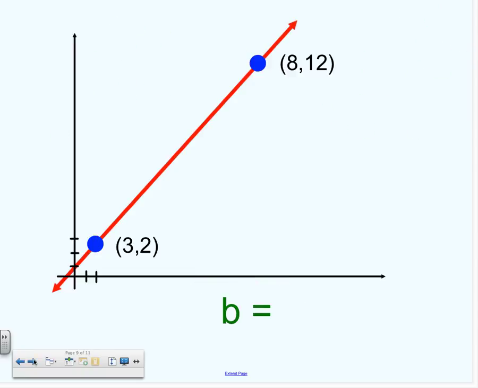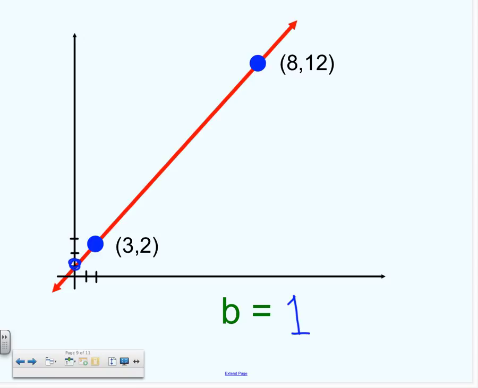Now, how do we find the y-intercept? Well, the y-intercept can be very simple. If you have a graph, you can see where this line crosses the y-axis. And as you can see, it crosses right here. So we can find the y-intercept that way. The b represents the y-intercept, and it looks like it would be 1 in this case.